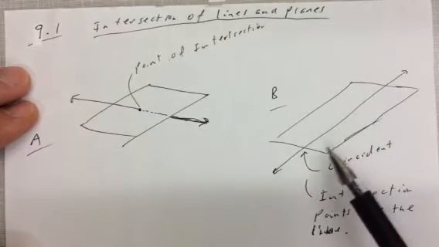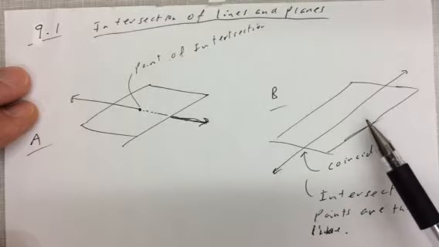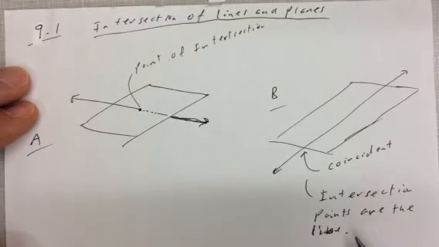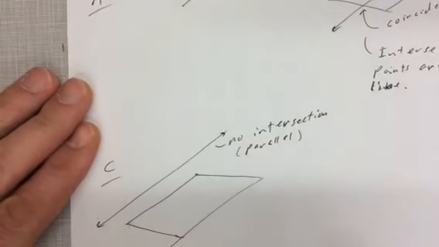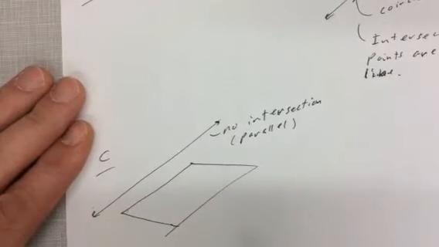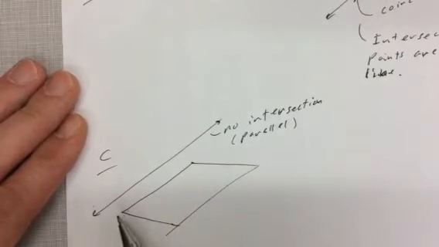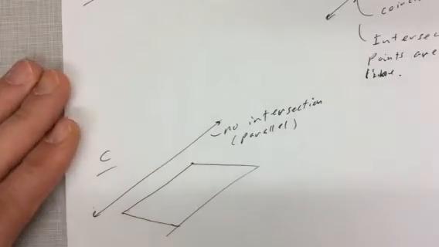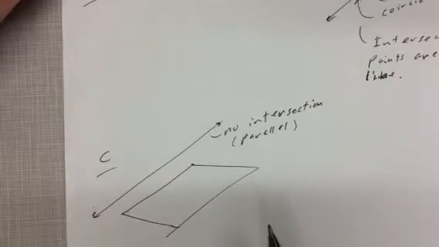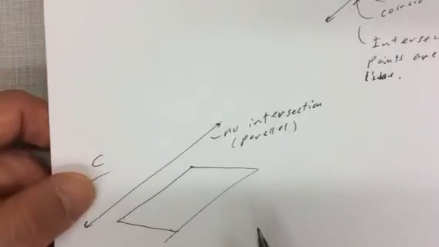The intersection of the line and the plane, if the line lies on the plane, would be the line itself. And then the other situation would be that the line is parallel to the plane, which means there is no intersection point. So we have those three for a line and a plane.